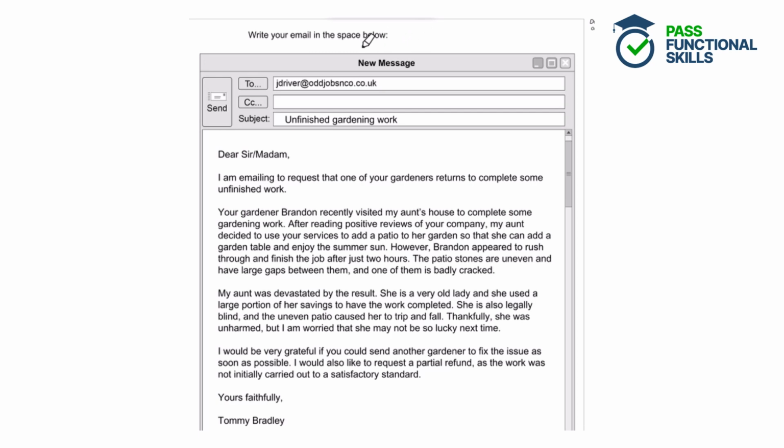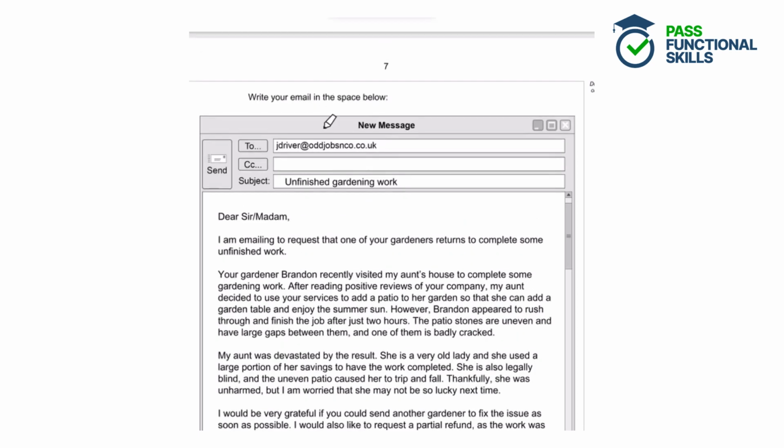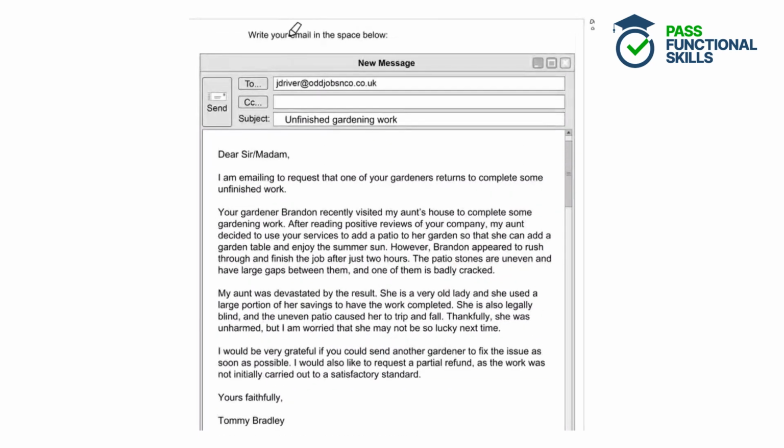So the formatting features that we need to include in our answers when we're writing an email are an address, an email address who we're writing to. We would usually also include the email address that we're writing from, but we've been given this template here helpfully and it hasn't told us to include that. We've also got a subject line, so this is a really important part of the email because it gives a brief summary in just a few words of what the email will be about.